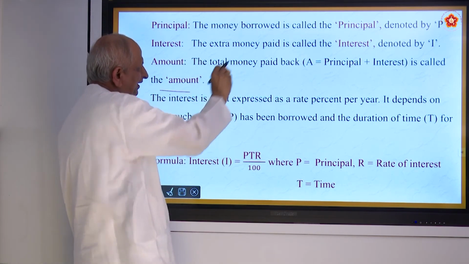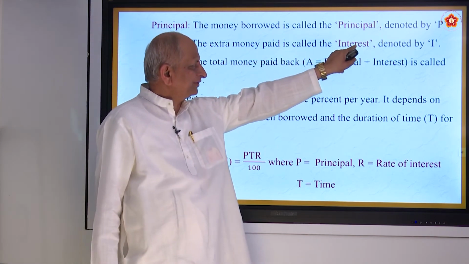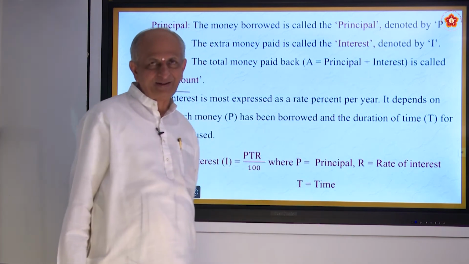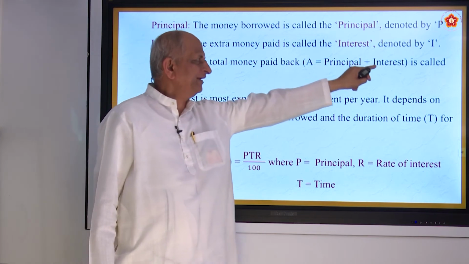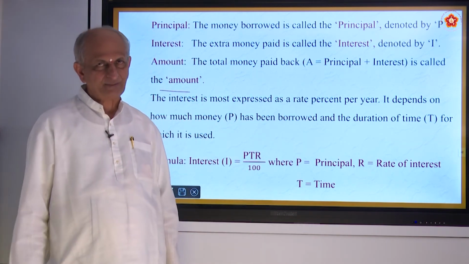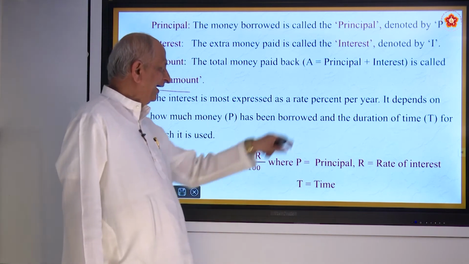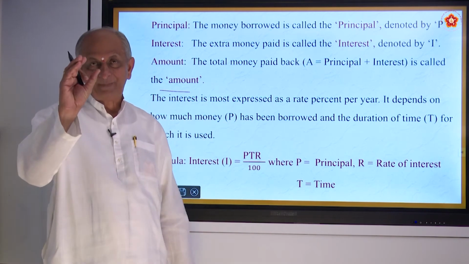And the interest you are getting, the extra money paid by the bank or post office, is called interest, denoted by the symbol I. And amount means principal plus interest. Suppose you want to withdraw money from the bank, they will add interest and write the amount. Even in the passbook, there is a book called passbook. You have seen?